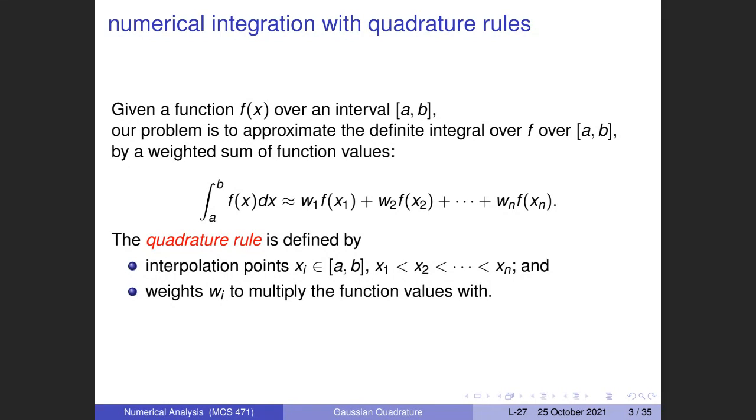So we are using interpolation again. All the points need to be distinct from each other. So the question is, where are we going to evaluate? And then also, what are the weights? This is our numerical problem.